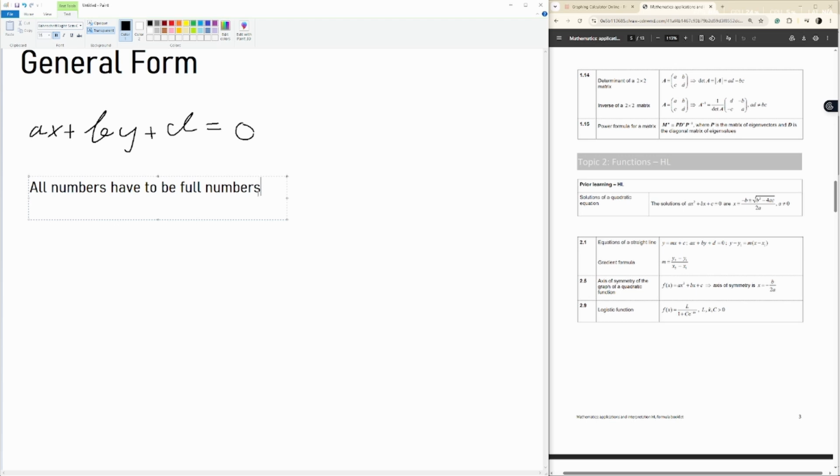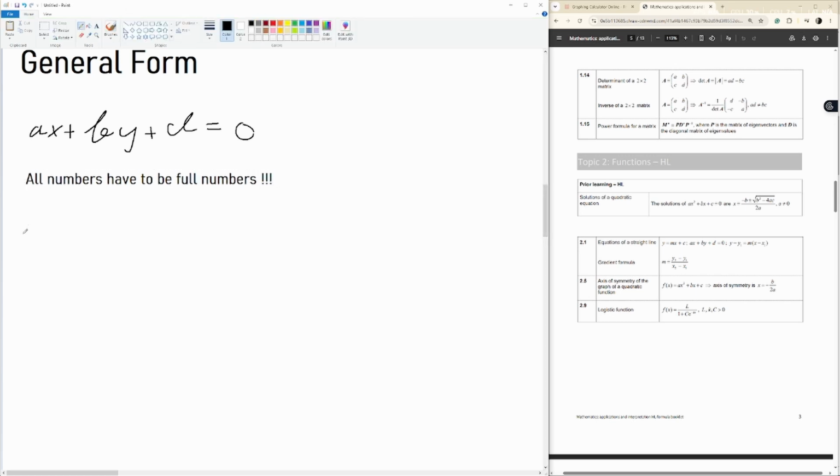I think that's very important. What that means is that when you have your general form, it cannot contain 2/3 or similar fractions. You have to multiply everything to get the fractions out, or the decimal places out as well.